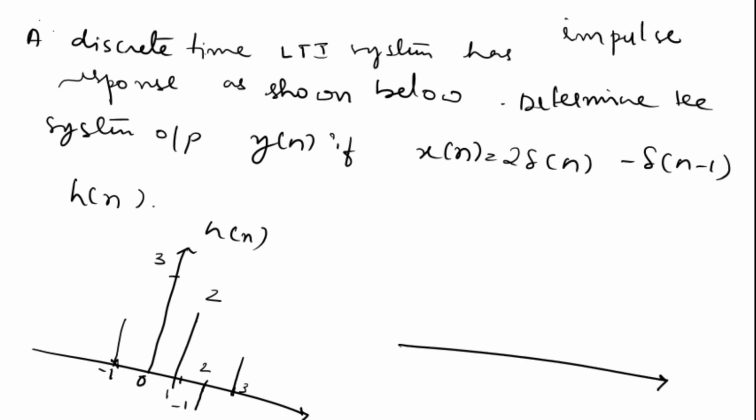We can draw x of n as at 0 the signal is 2 and at 1 the signal is -1. This is x of n.